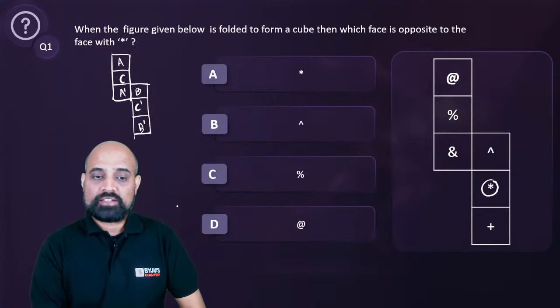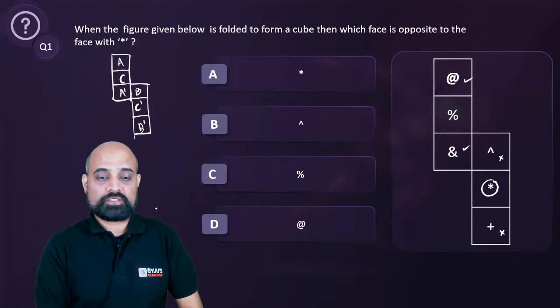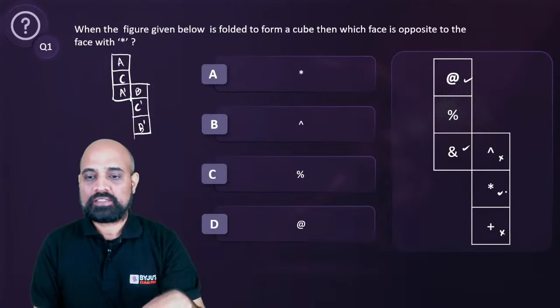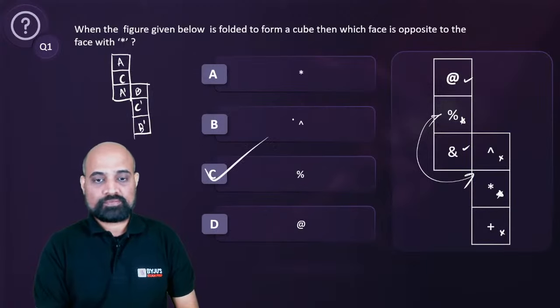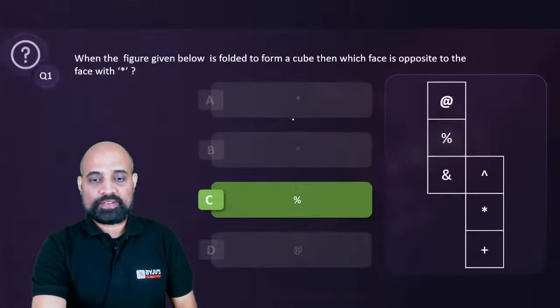So going by this, at the rate symbol and ampersand symbol are opposite to each other. The power symbol and the plus symbol are opposite to each other. While the asterisk symbol and the percentage symbol are opposite to each other. ये दोनों एक दूसरे के opposite होते हैं. C होना चाहिए आंसर. ठीक है?